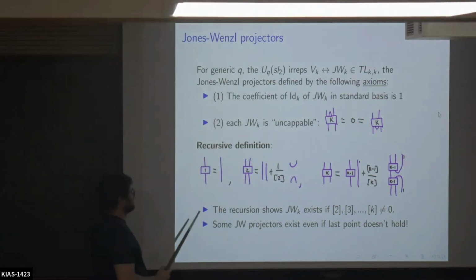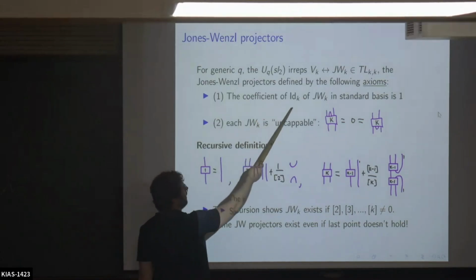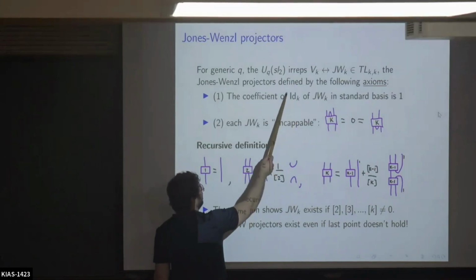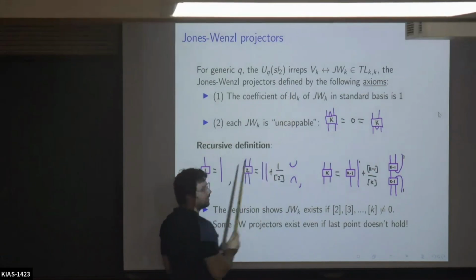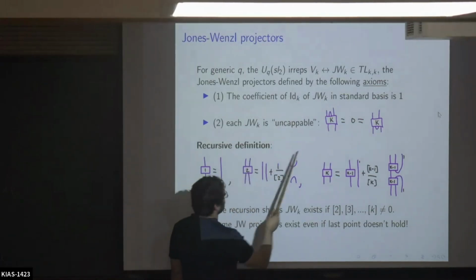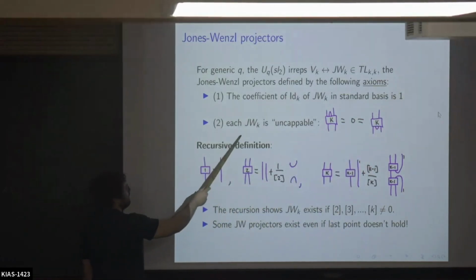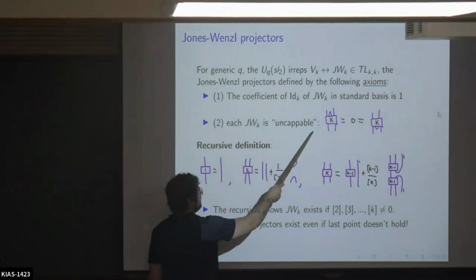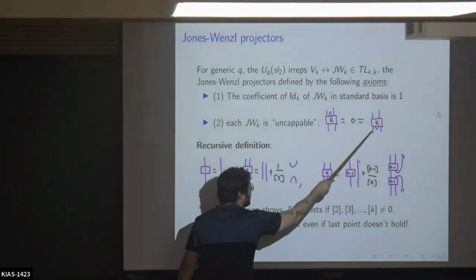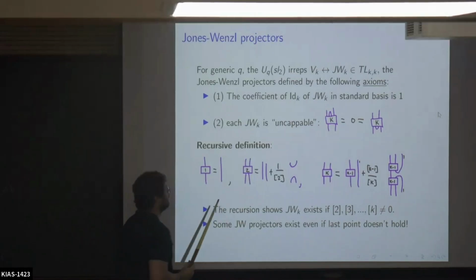The first is that if you expand it in the standard basis for the Temperley-Lieb category, the coefficient of the all vertical diagram, K vertical strands, is 1. The other axiom is that if you have a cap on top of the projector, you get 0, or if you have a cup on the bottom of it, you get 0. This is called the uncappable property.